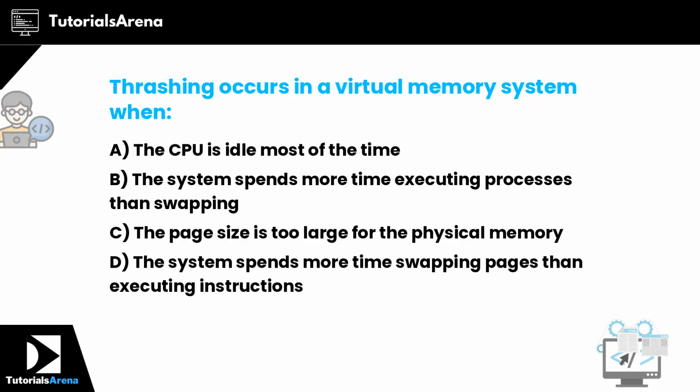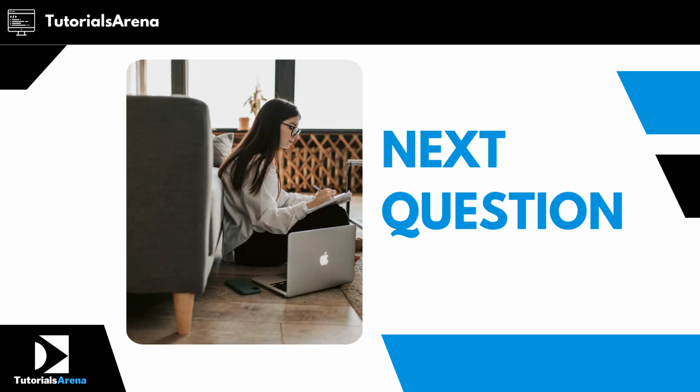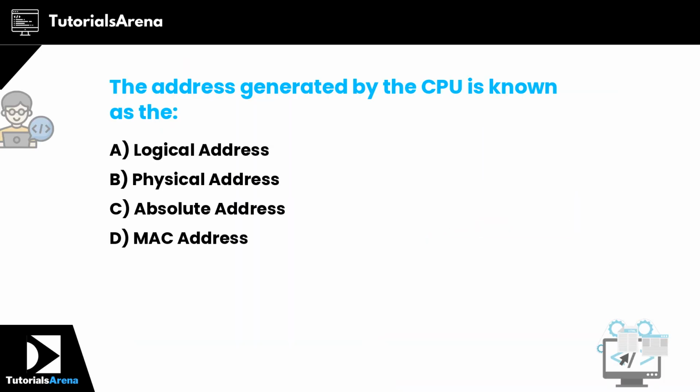Thrashing occurs in a virtual memory system when? The correct answer is option D, the system spends more time swapping pages than executing instructions. The address generated by the CPU is known as the.